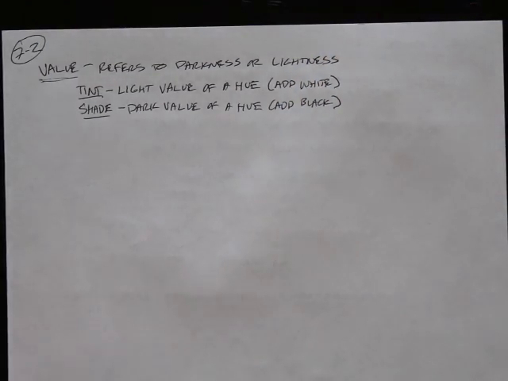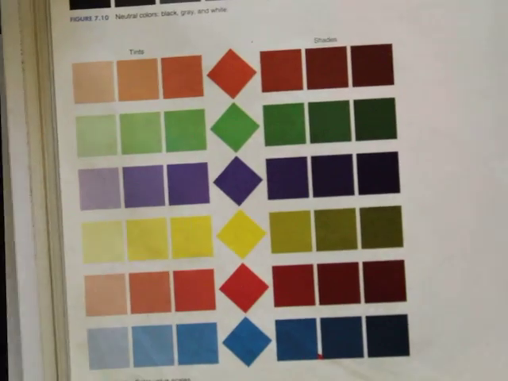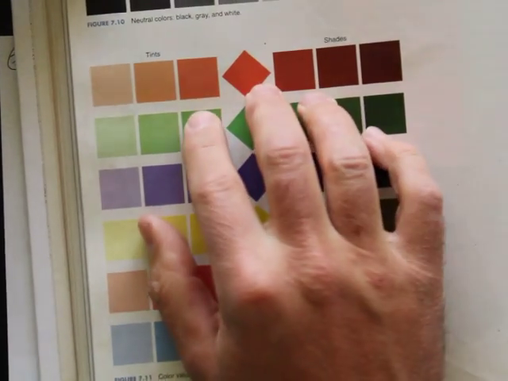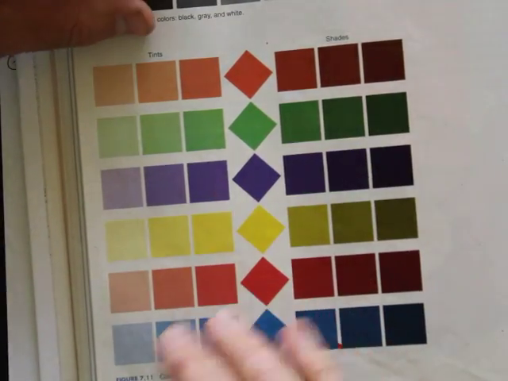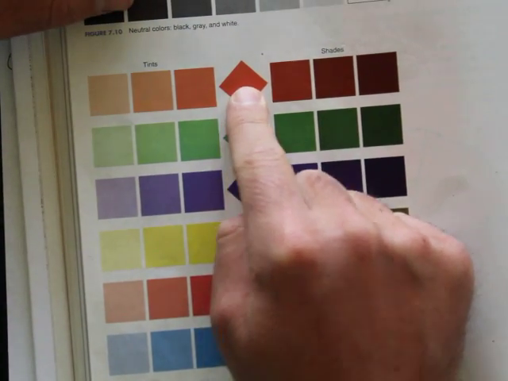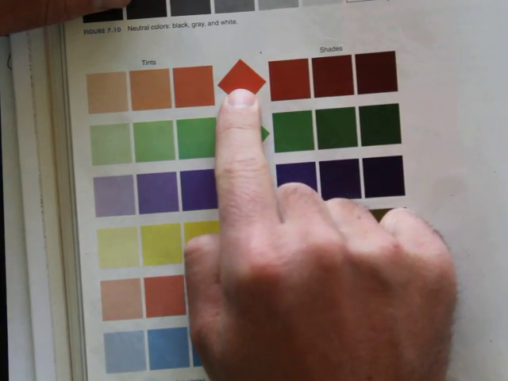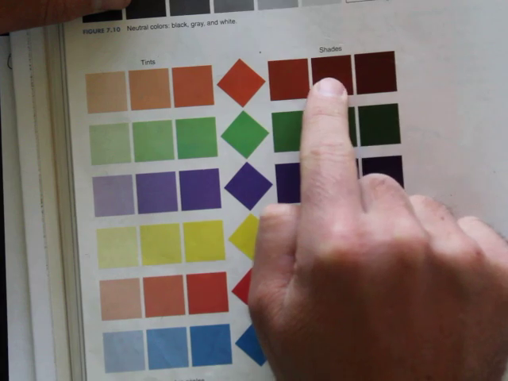So tints and shades. Let's look in our book here on page 160. There's a nice diagram of tints and shades, and we're going to actually create something like this in class. Here's the hue. Here's red is the hue, or this is the orange, I guess. And the shades, you can see you add black.